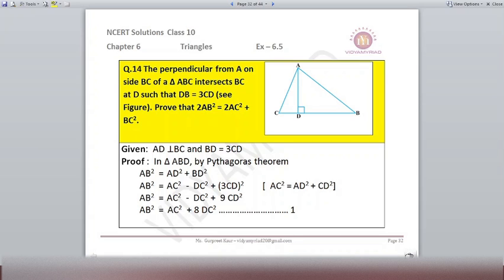Now AB square is equal to AC square minus DC square plus 9 CD square, which means minus DC square and plus 9 CD square, we can write it as 8 CD square or 8 DC square. So we have equation number 1 as AB square is equal to AC square plus 8 DC square.